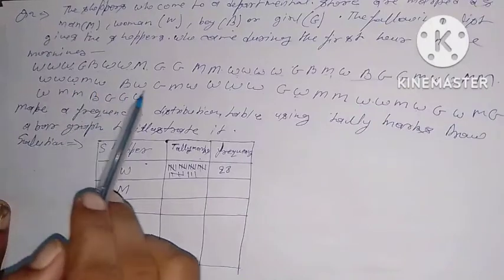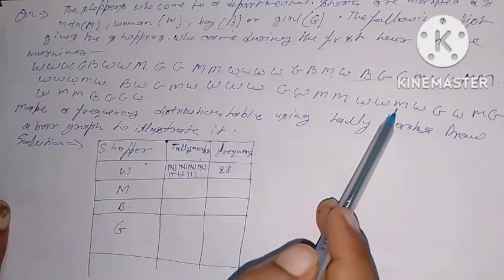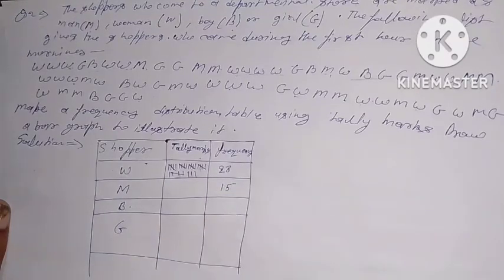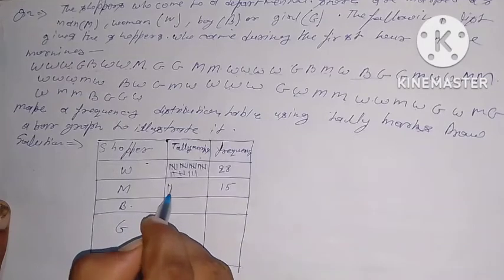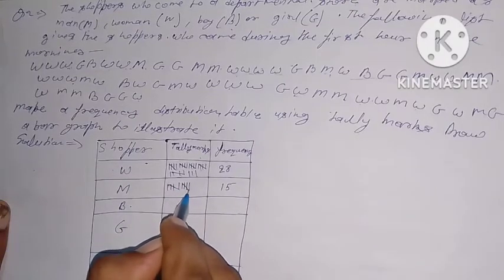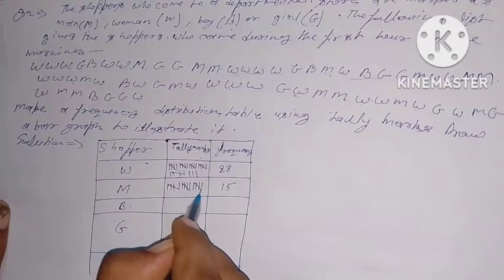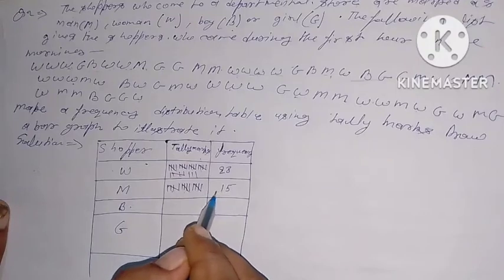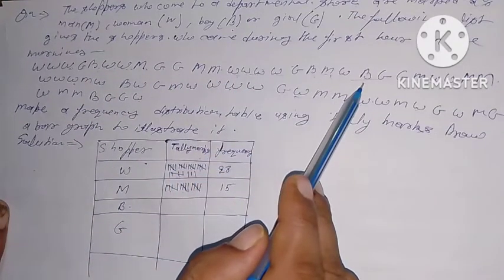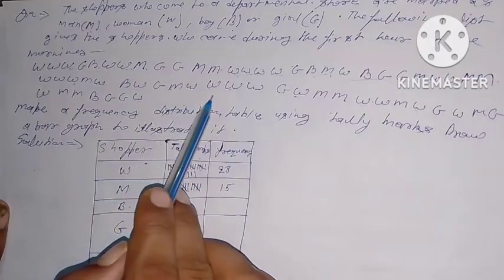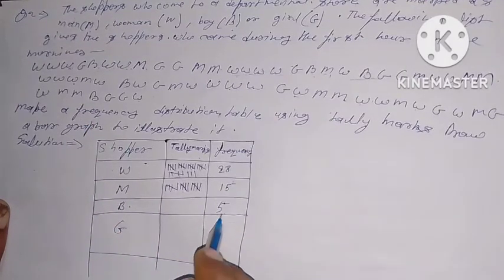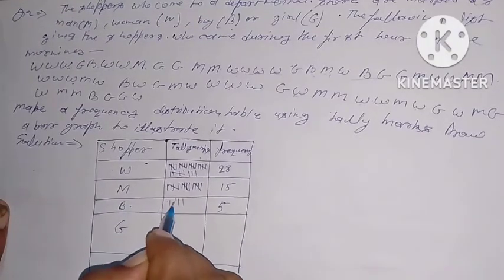The frequency is 5 and the tally mark is one group of five.